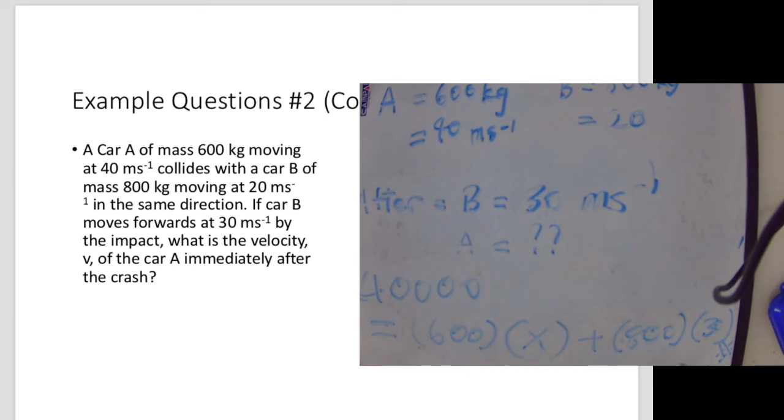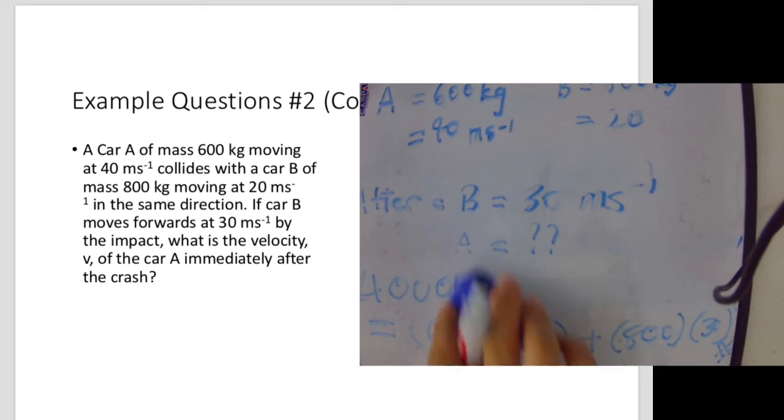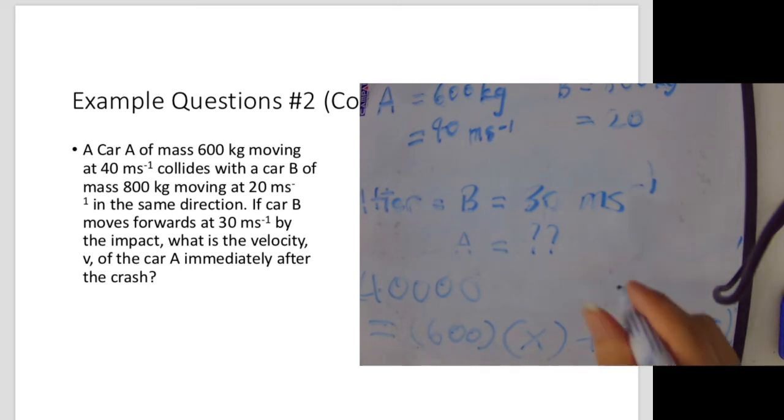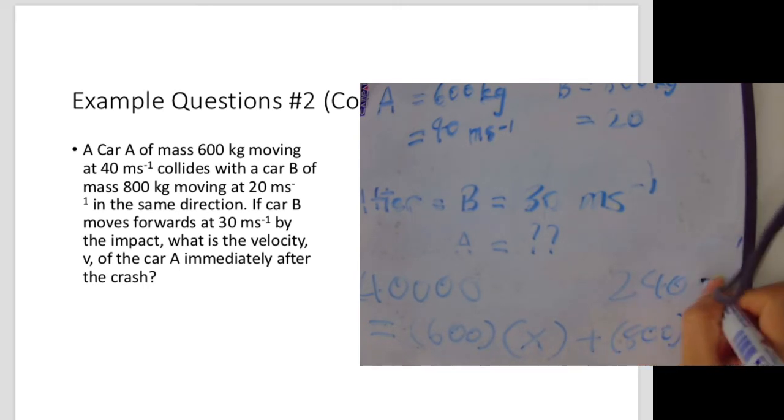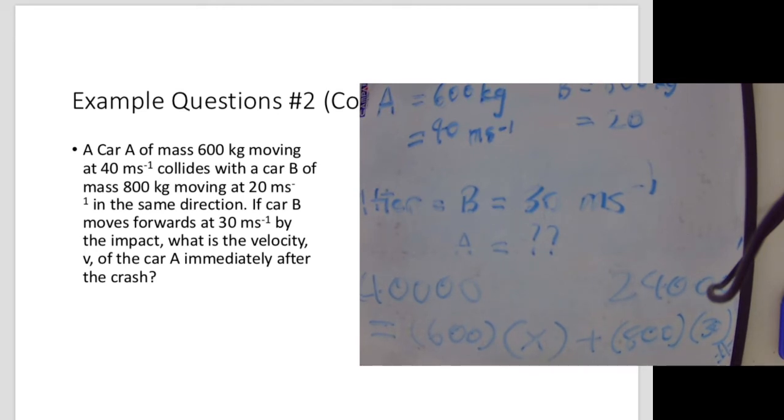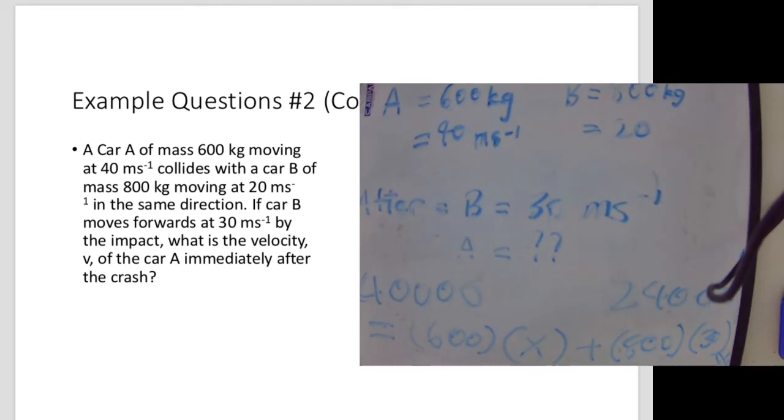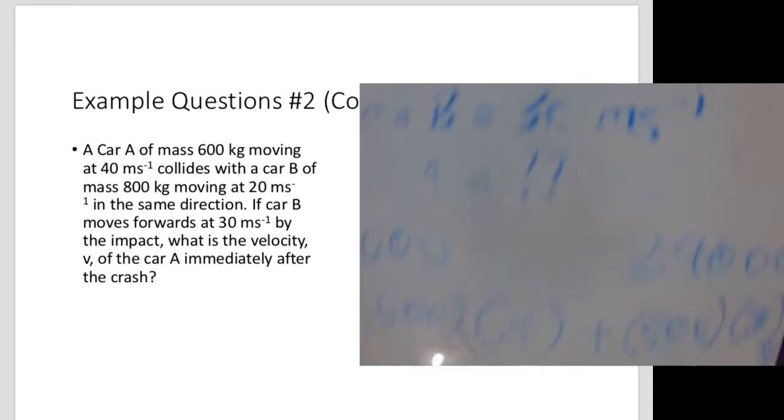And so 800 times 30 equals 24,000, which leaves 16,000.